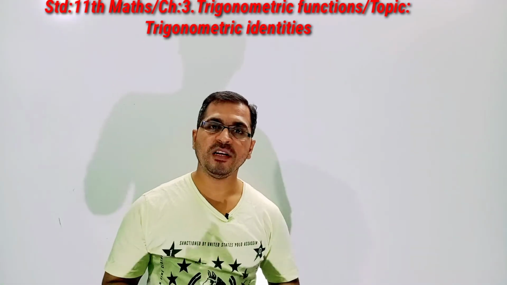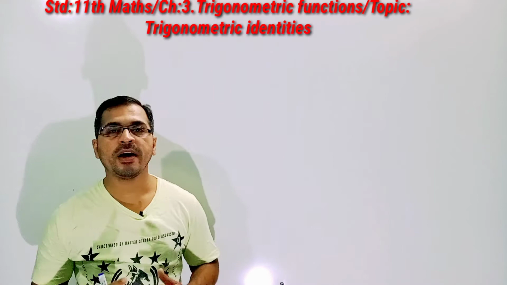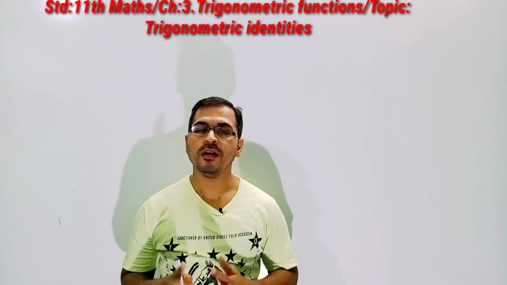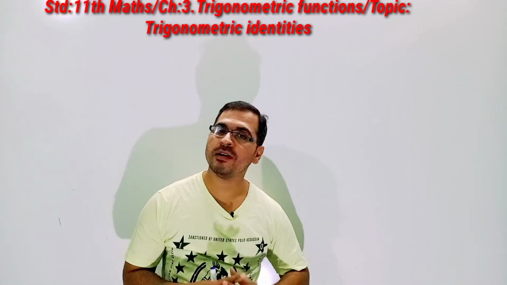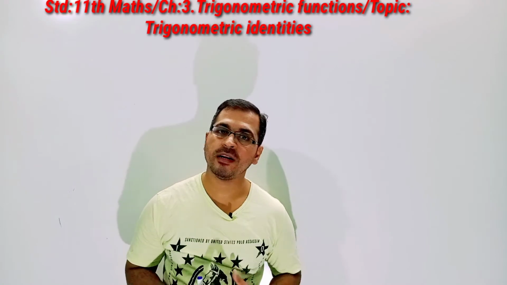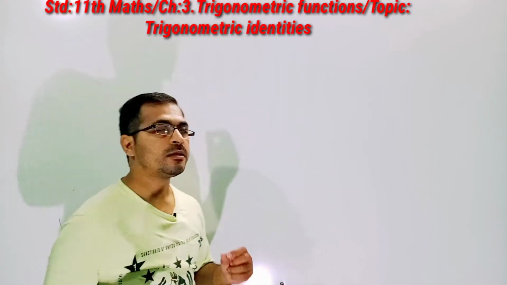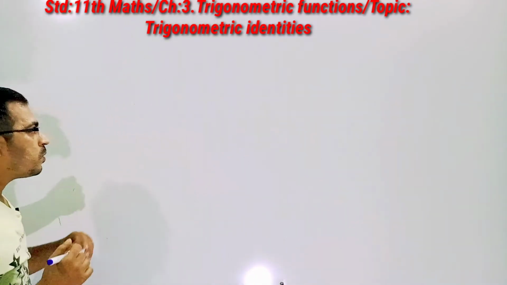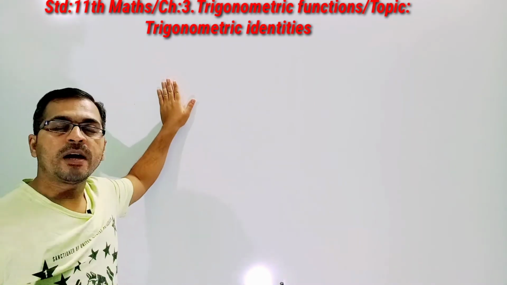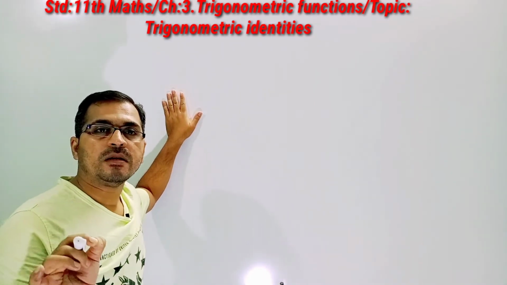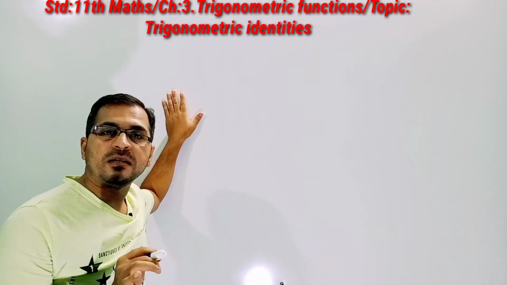Now students, I will tell you how to find the values of different trigonometric functions for angles from 0 to 90 degrees. Here I am going to tell you a very easy trick.